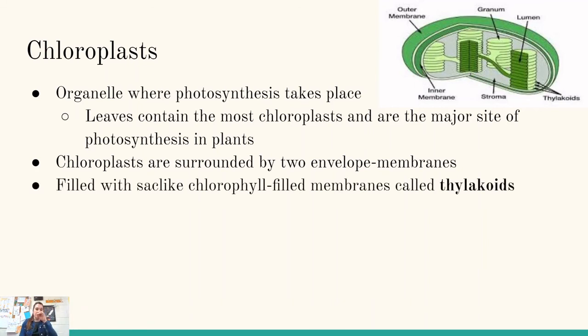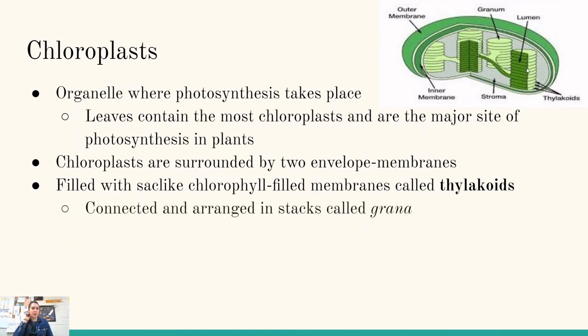And then they're going to be filled with these little sac-like objects called thylakoids. Each little disc on this stack is a thylakoid. Those thylakoids are filled with chlorophyll, with those pigments.